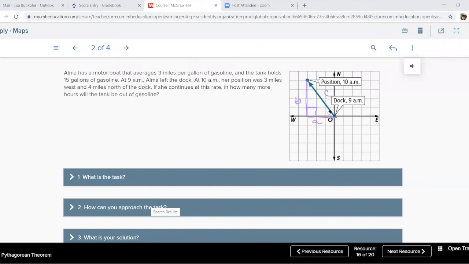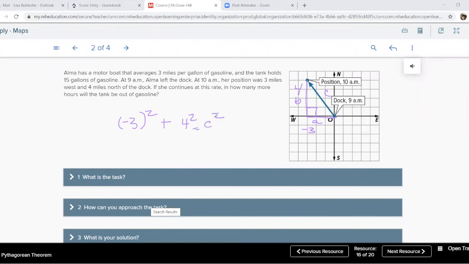But if we're just counting to see how long it is, okay, so if we do a negative 3, and we do positive because we're going up, so 1, 2, 3, 4, it wouldn't matter because remember, when we write it down, it's going to be a negative 3 squared plus 4 squared equals c squared.